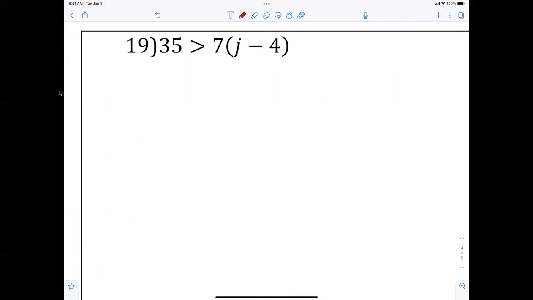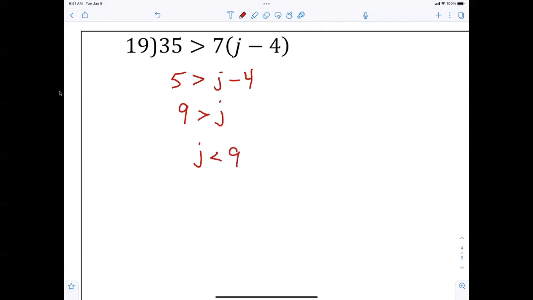So 19, I should do what first? Divide by 7. 5 is greater than j minus 4. Now what? Add 4. So I have 9 is greater than j. Is everybody happy with that? Therefore, what?